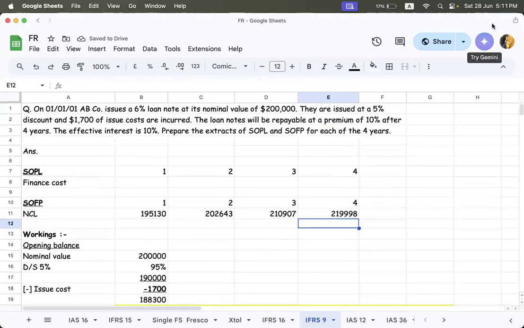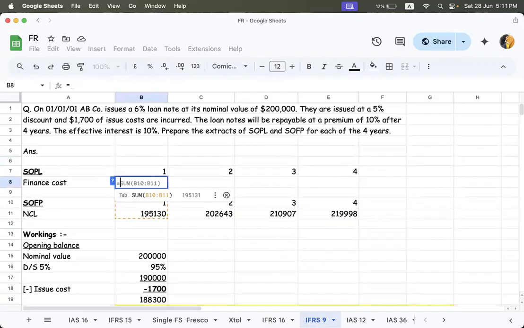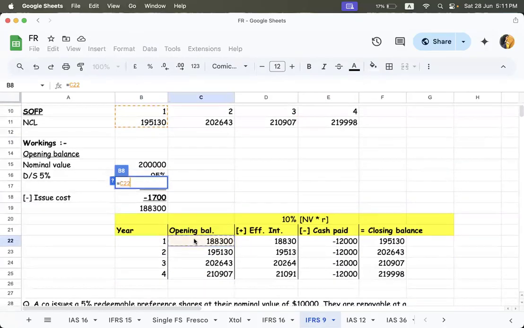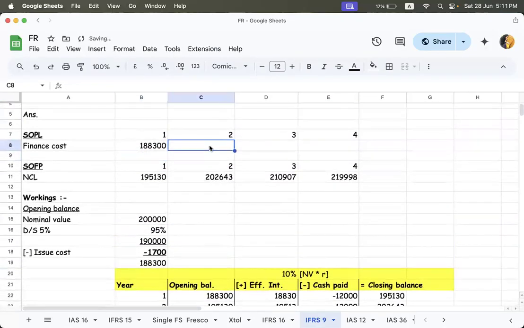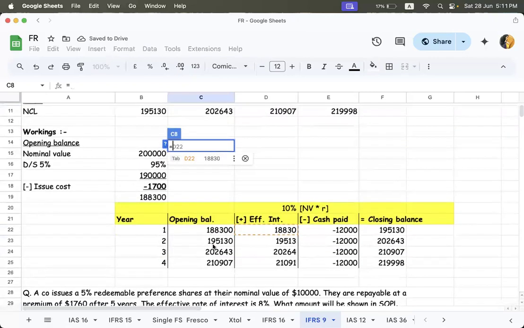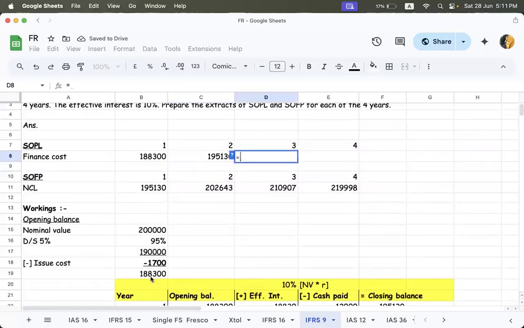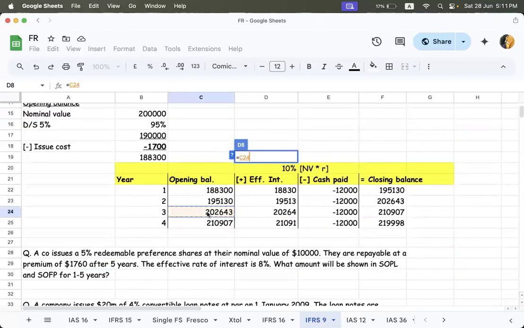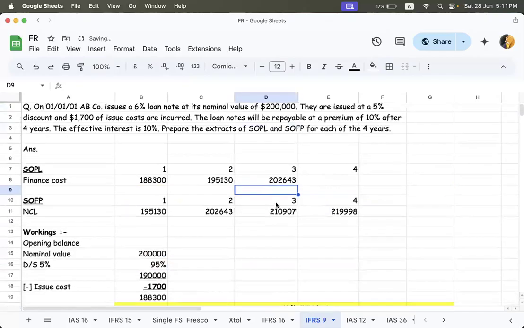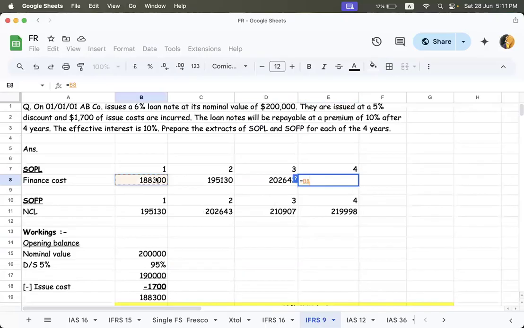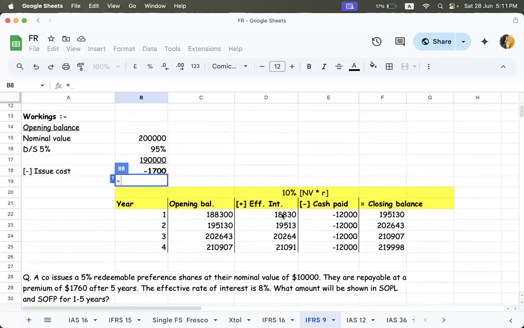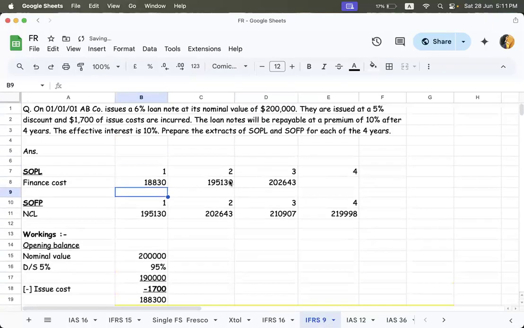And as for the finance cost, it is always the effective interest. Oh, sorry, it is the effective interest part.